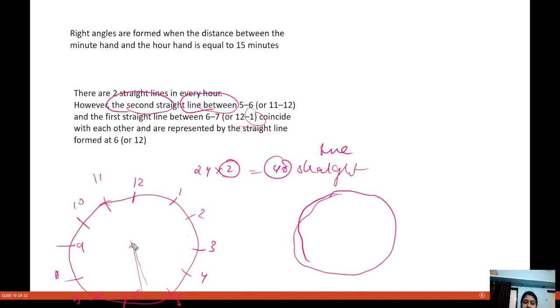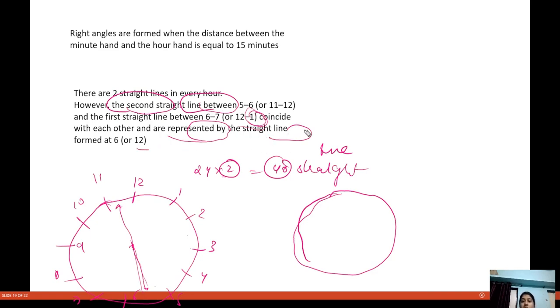The second straight line you will have when the hour hand is here and the minute hand is somewhere here. And it is saying the second straight line between 5 and 6 and the first straight line between 6 and 7 will coincide with each other.